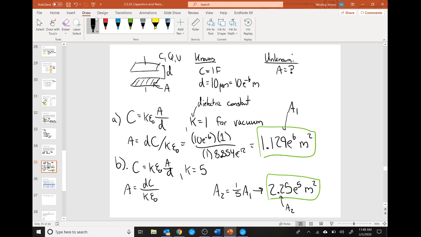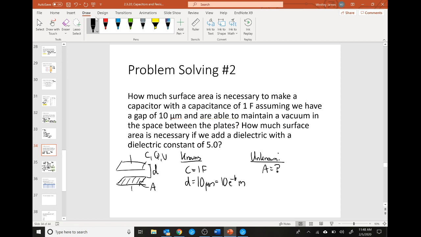Capacitor problems, there's not really much I can give you that's super complicated. I mean, at worst, what would be a 2-step problem for this? Maybe I combine these 2 problems together.